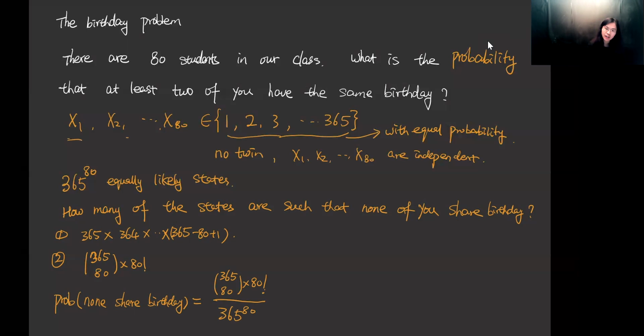So you can do the calculation, of course, not by hand, but by computer. You can find that this number is actually incredibly small, approximately 0.0001. So it's very likely that at least two of them share a birthday.